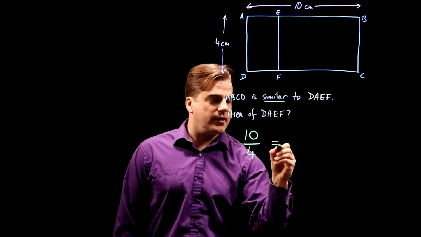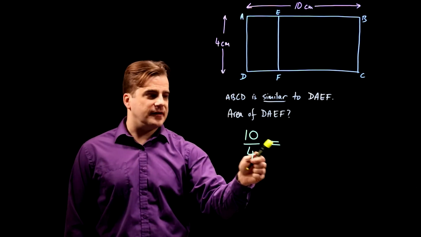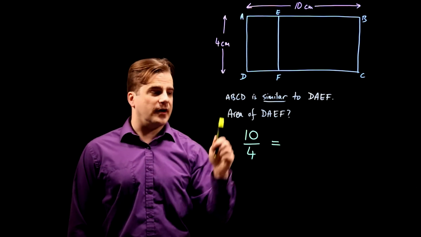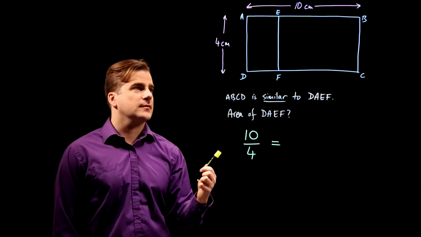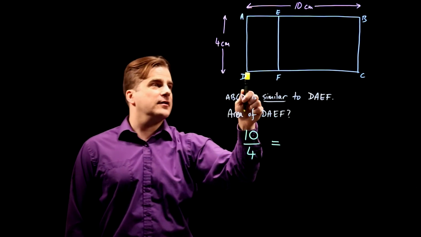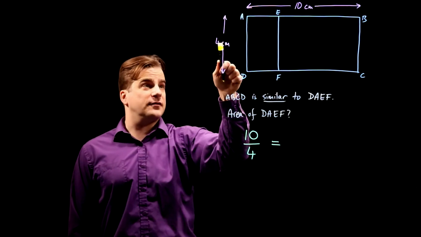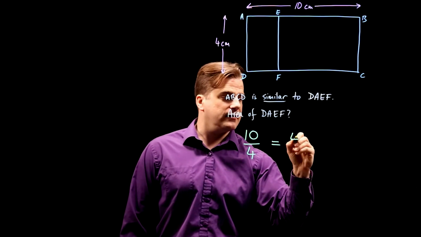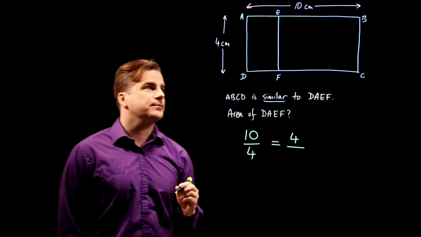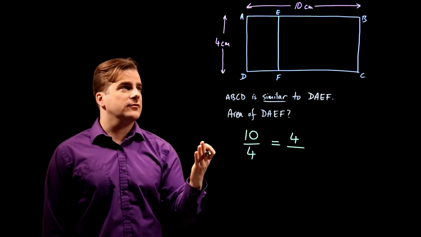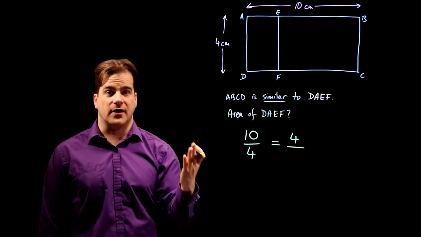And because they're similar, that is equal to the ratio of the big side to the small side for the small rectangle. Well, for the small one, DAEF, the big side is 4. So big divided by small, we don't have a value for the small side, that's what we want to find out.